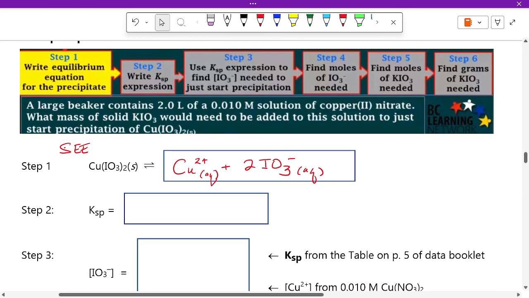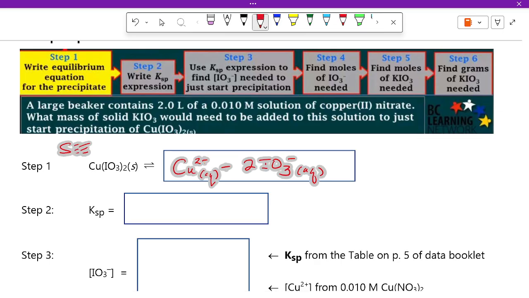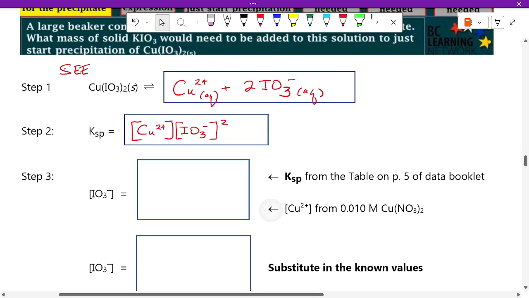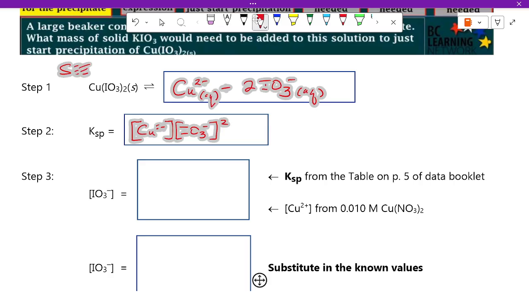KSP is equal to the concentration of Cu2+ times the concentration of IO3- squared. I don't know why I haven't squared this. This should be squared here.